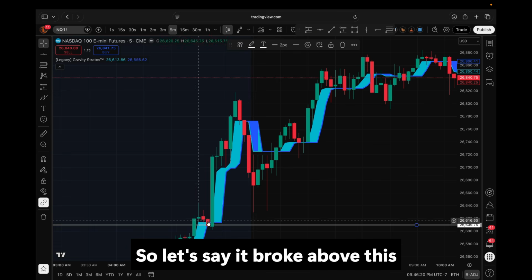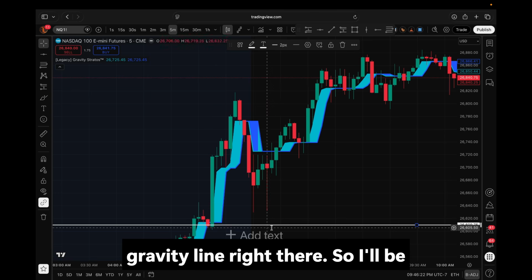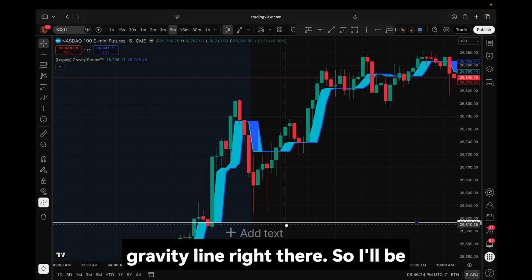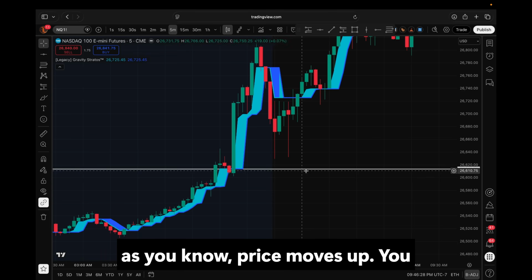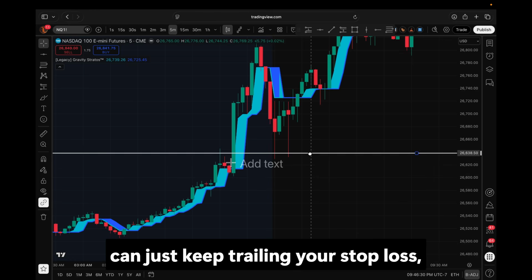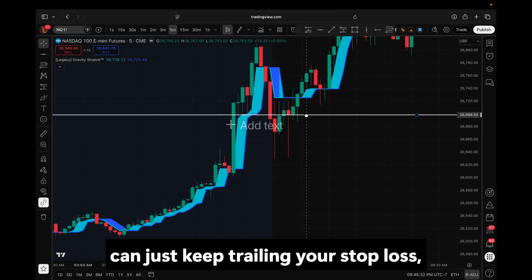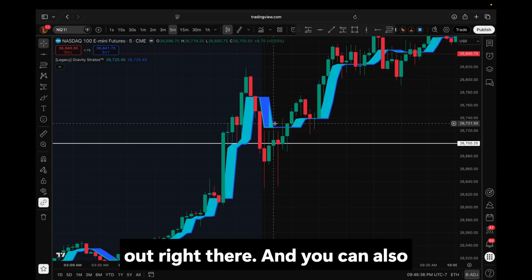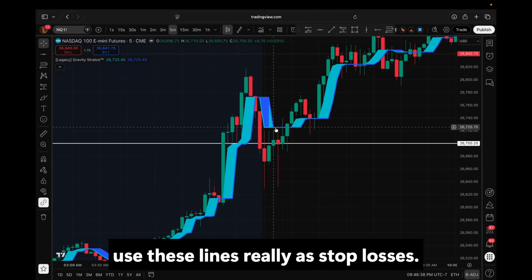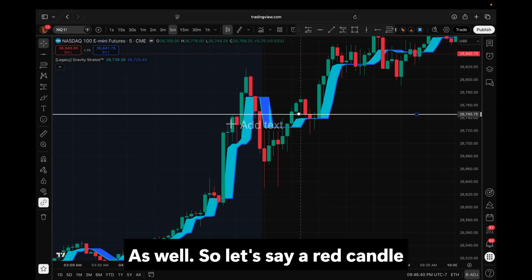So let's say it broke above this gravity line right there. So I'll be placing my stop loss right there. And as price moves up, you can just keep trailing your stop loss until probably got stopped out right there. And you can also use these lines really as stop losses as well.